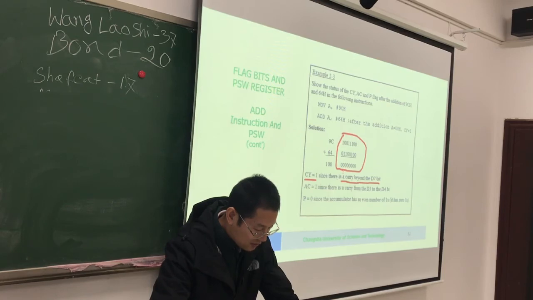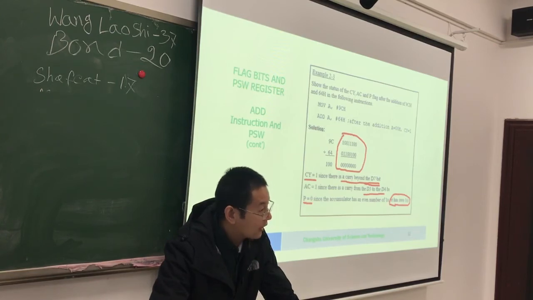Which means carry beyond D7. AC equals 1, since there's a carry from D3 to D4. P equals 0, since 0, 1, and 1 has an even number of ones.